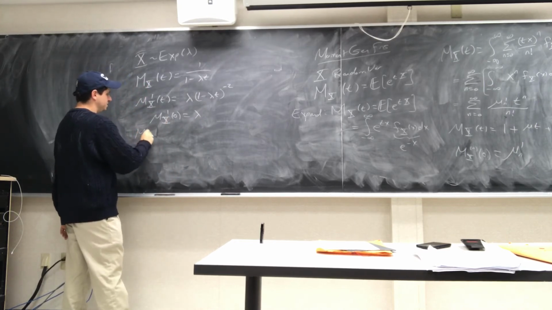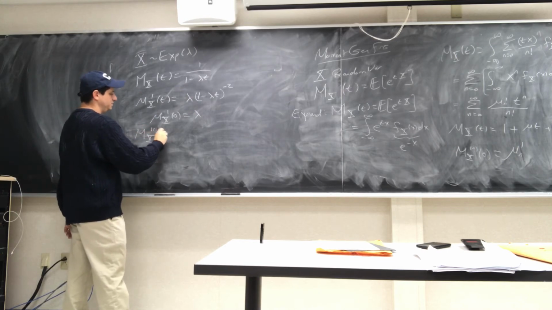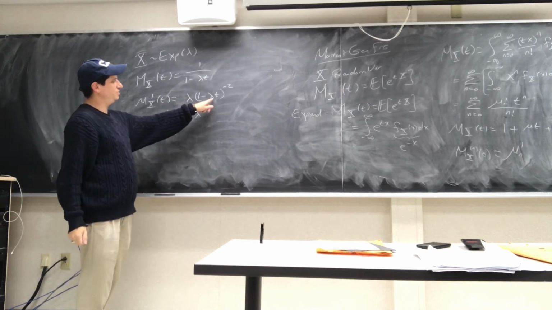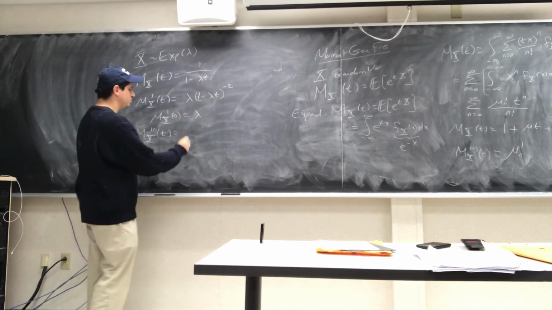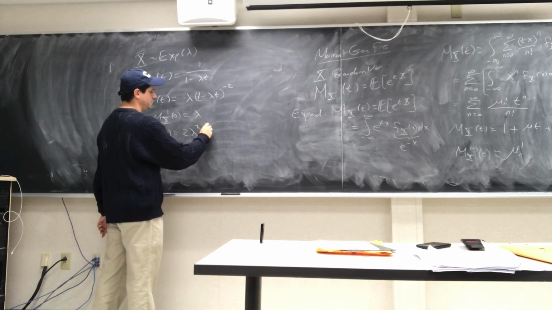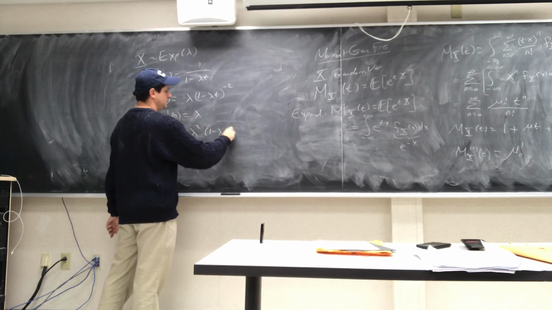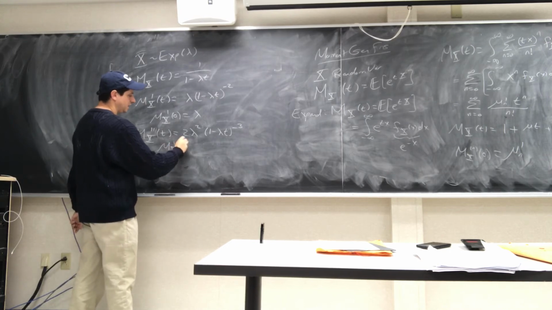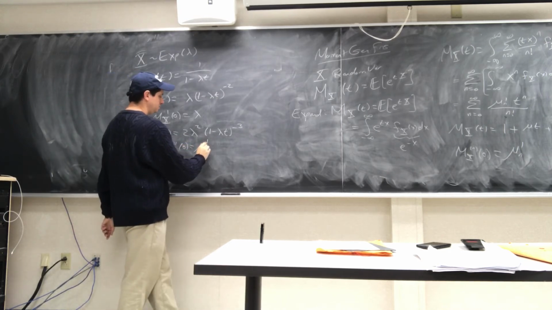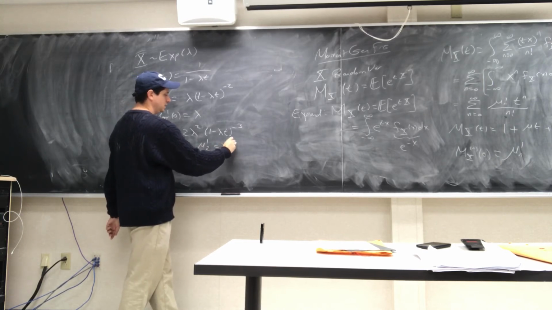If we now calculate the second, M_X''(t), when we take the derivative now, we'll get a negative, and a negative again will reinforce. We'll get a 2 lambda squared, (1 minus lambda t) to the -3. So the second uncentered moment is going to be 2 lambda squared.